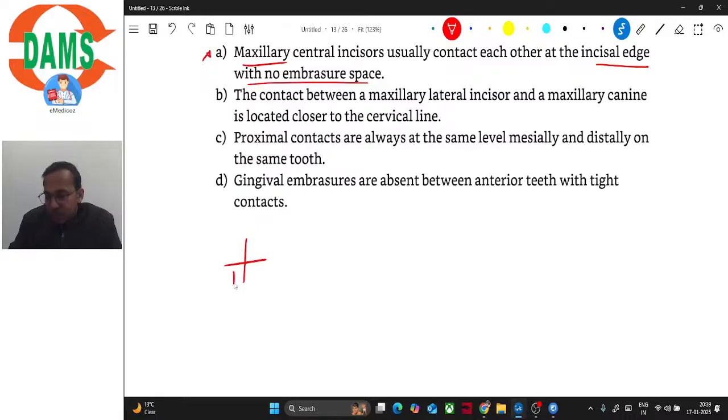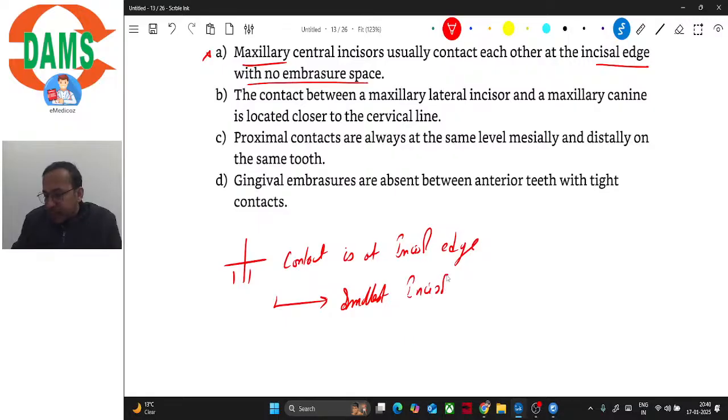The contact is at the incisal edge, and that's why lower central incisors have the smallest incisal embrasure, they have the smallest incisors, right?